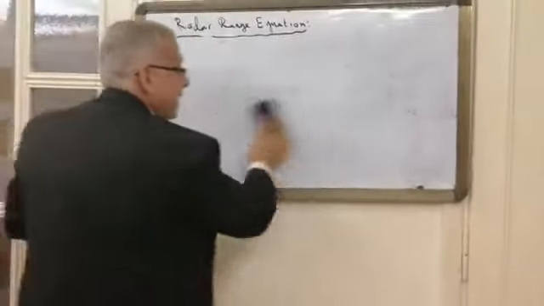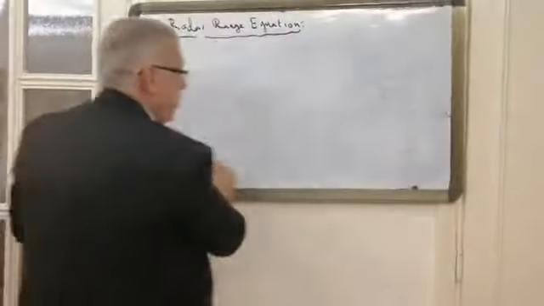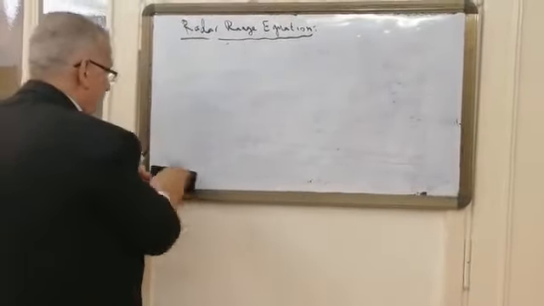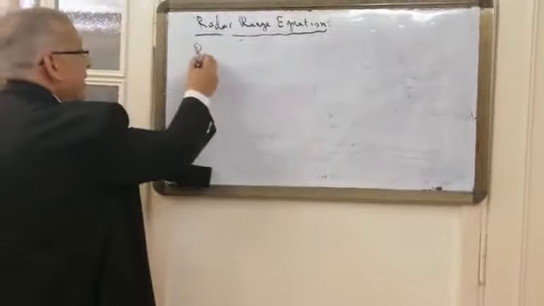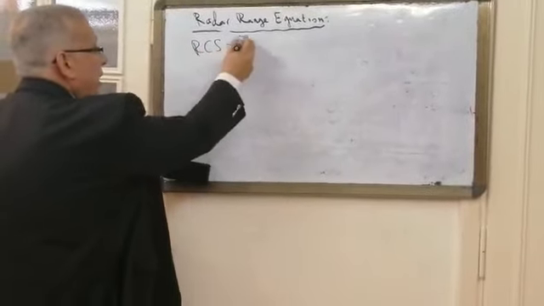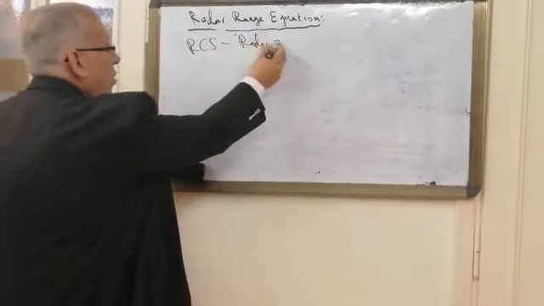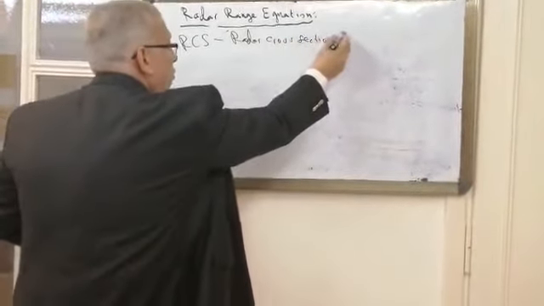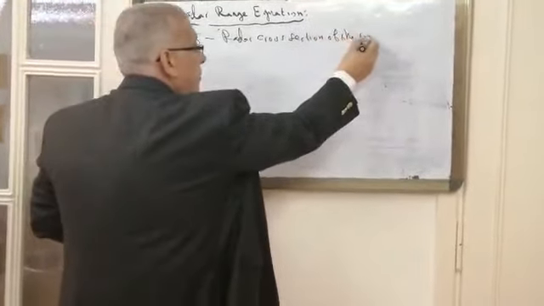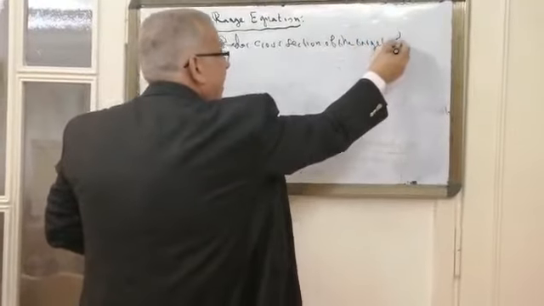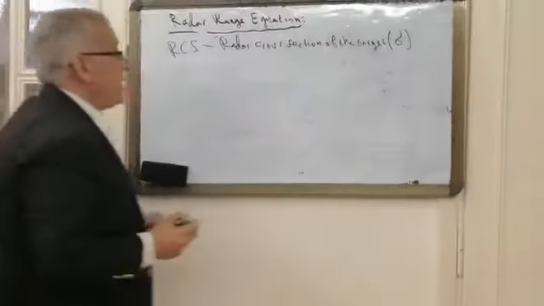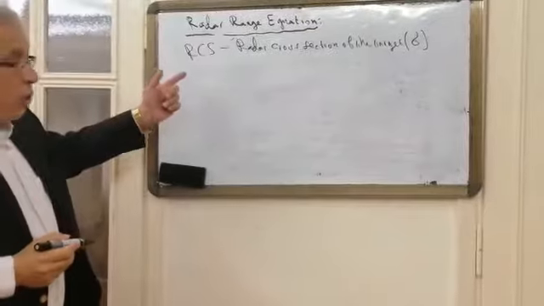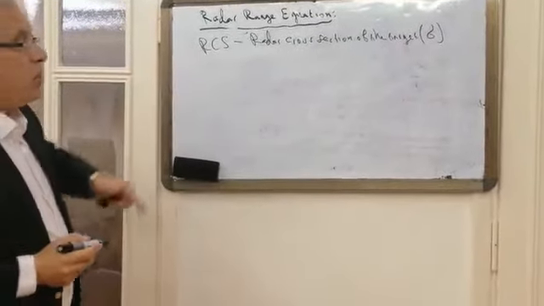So RCS, or sigma, which means radar cross section of the target, denoted by sigma. This is the power density returned to radar from power incident on the target.